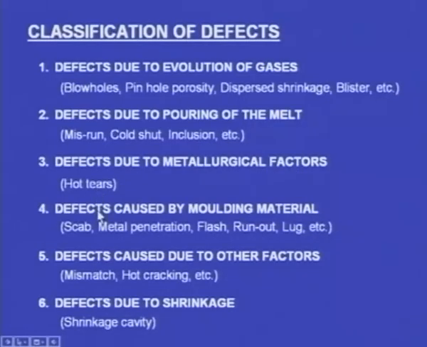Next, defects caused by molding material, that is scab, metal penetration, flash, runout, lug, etc. Next, defects caused due to other factors, they are mismatch, hot cracking, etc. Next, defects due to shrinkage, they are shrinkage cavity. So this is the broad classification of the casting defects.